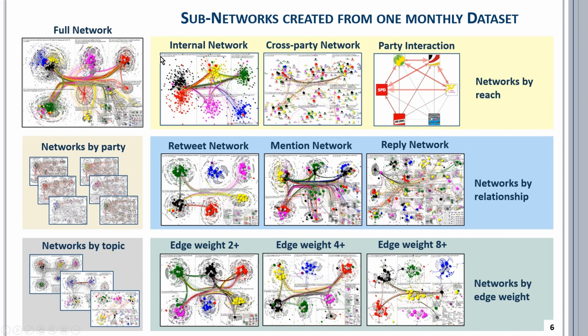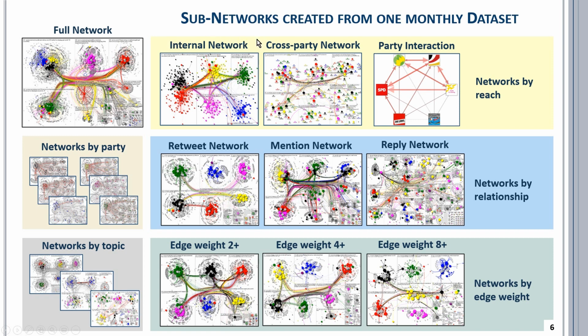So here we have the internal network, and this data set contains only tweets when members of the Bundestag talk to each other. And you see that we have a different coalition here than in the full network map.